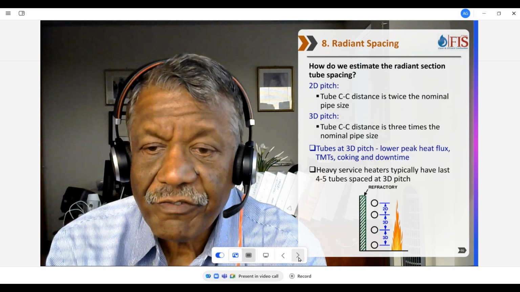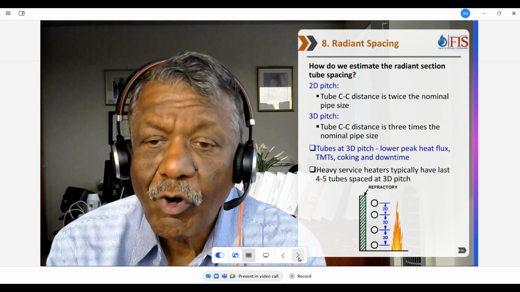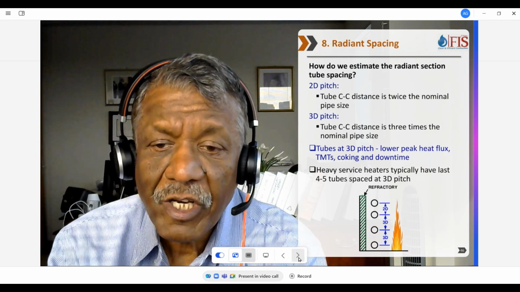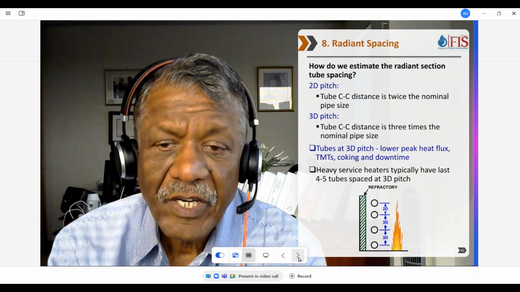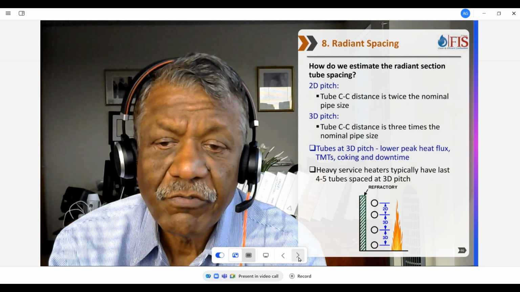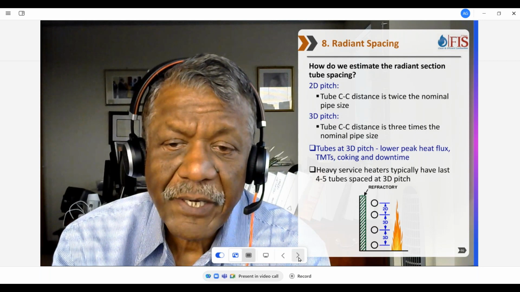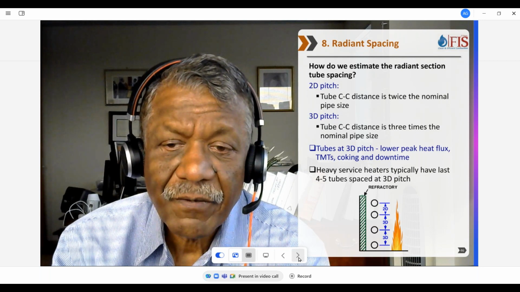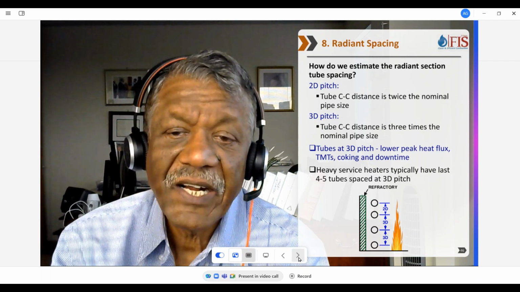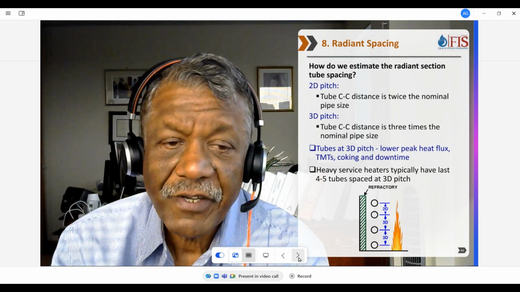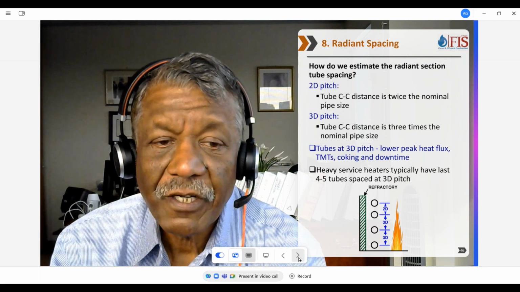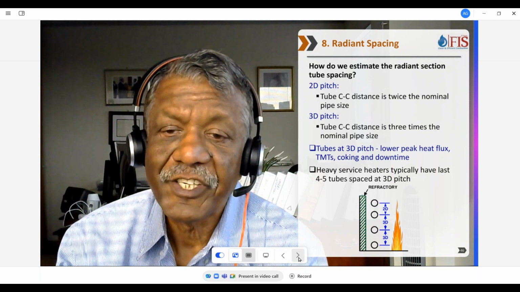Now, this is very different from the boilers. In the boilers, the tubes are right next to each other, and in fact, they make what is known as a water wall. So there is a big difference between boilers and fired heaters. In boilers, we are generating steam and we are heating water, which is a very good conductor of heat.